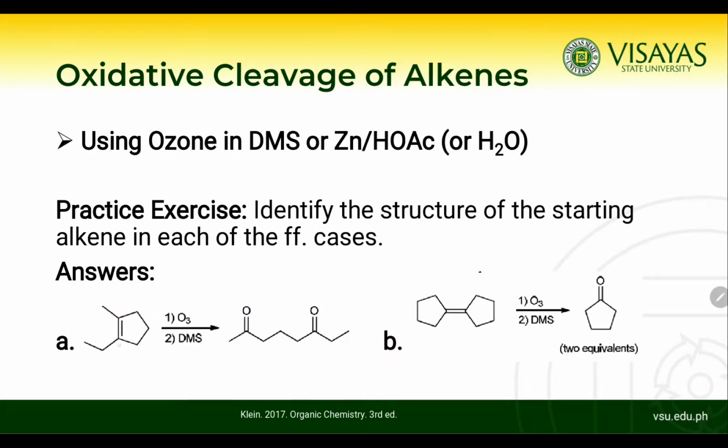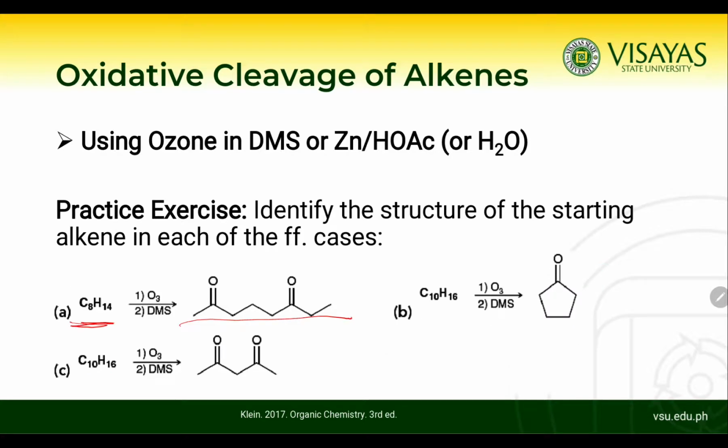So, this is the starting alkene, no, for letter A. Okay, letter B, this is the product. And remember nga, ang atong starting alkene should have 10 carbons. Ang atong product has only 5 carbons lang. That means to say, we have 2 of these di ay nga connected sa starting material or sa starting alkene.